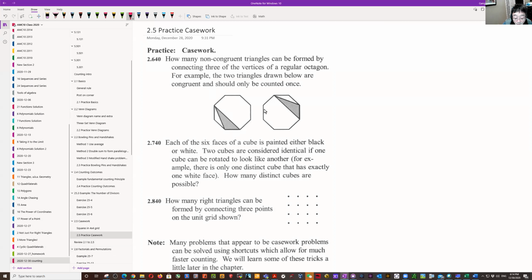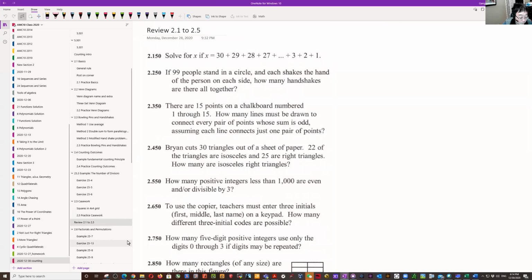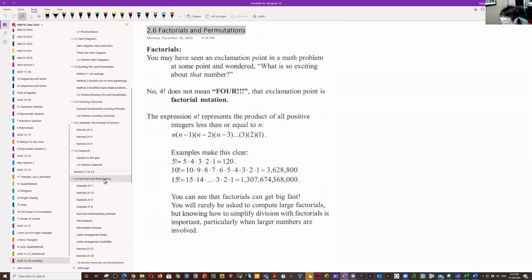Like those shape counting problems, a lot of the time we will convert those into statistics problems. Some of the problems you can actually do that.